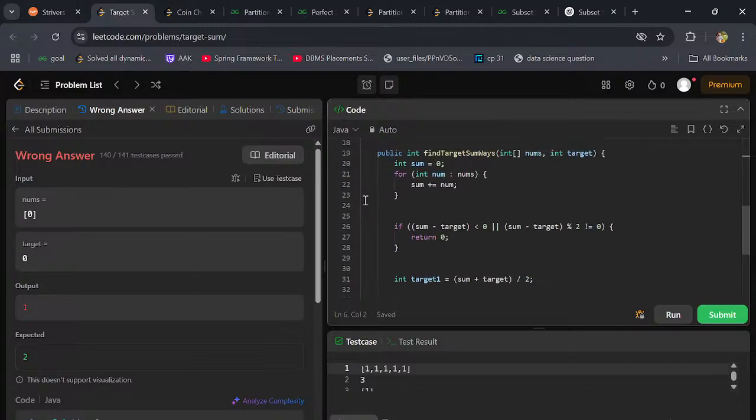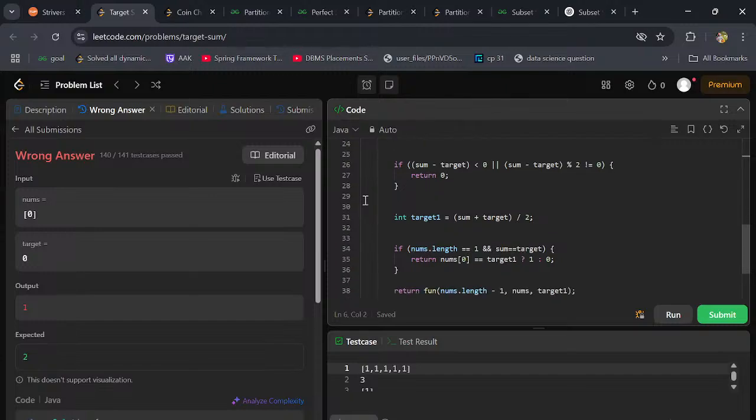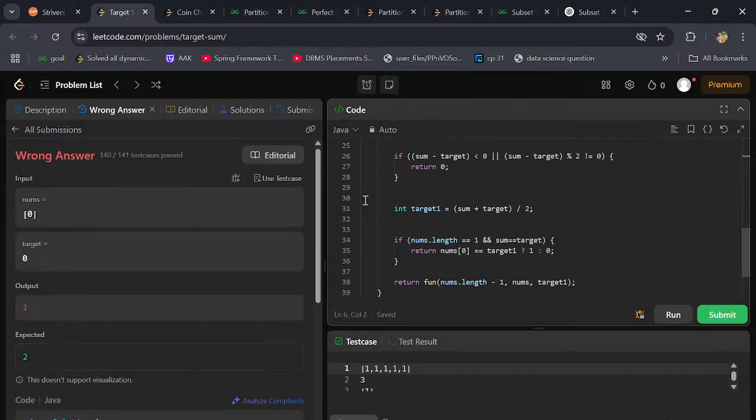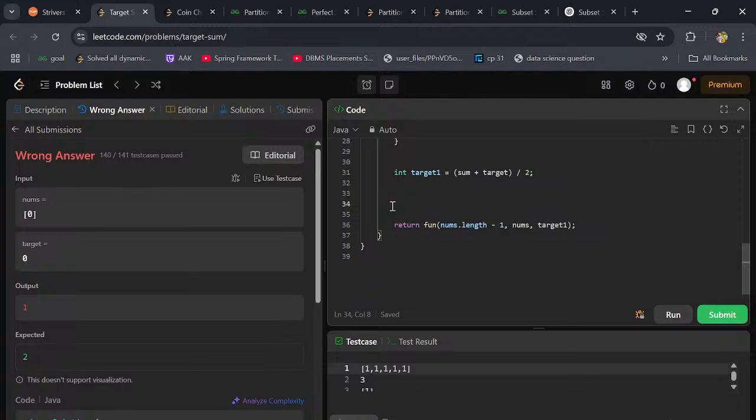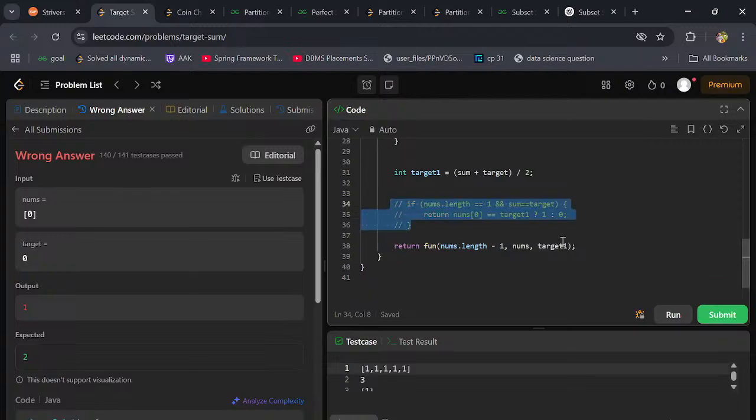If the sum becomes whatever you gave, sum equal to, okay, that is basically written from this statement. Why these unnecessary blocks?